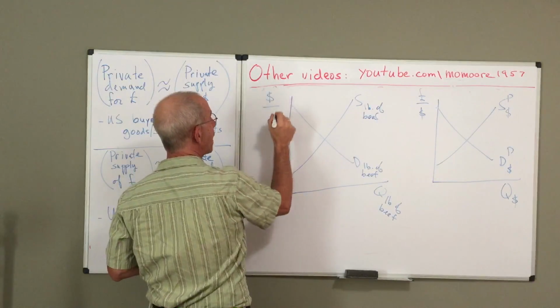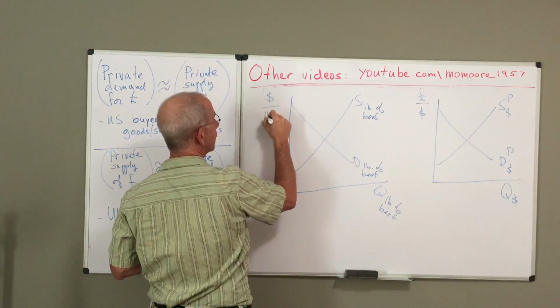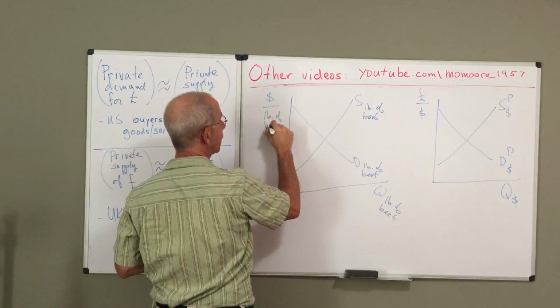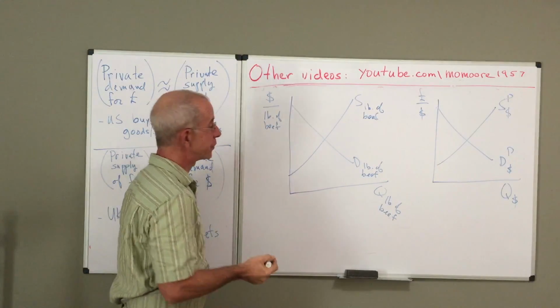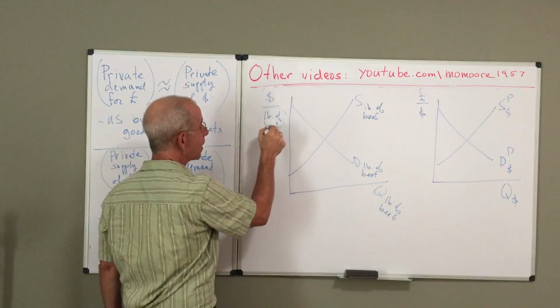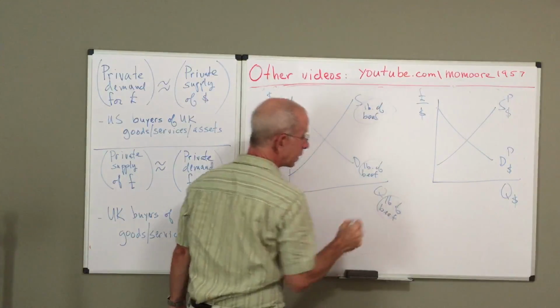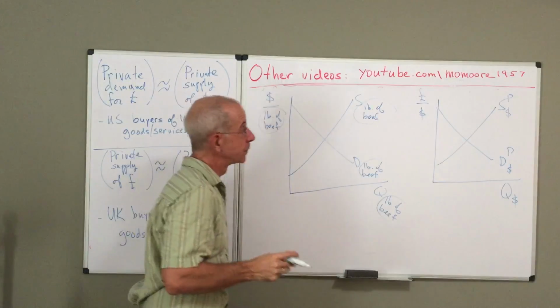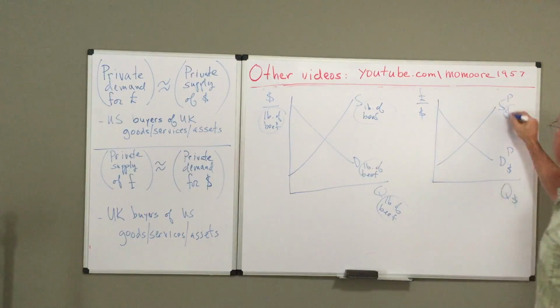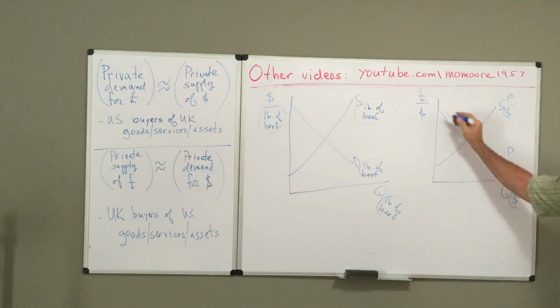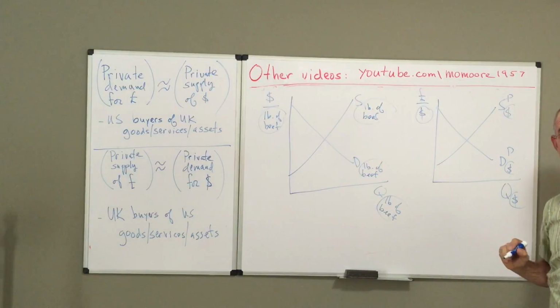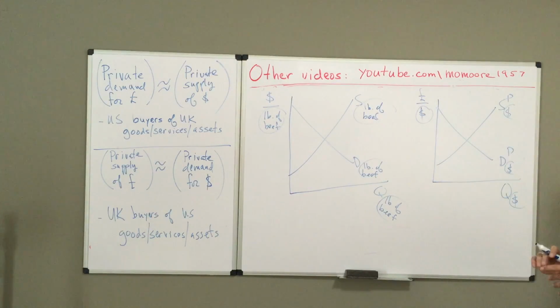That's going to be how many dollars it takes per pound of beef. And what you see here is that the thing in the denominator here is what's on this graph and over here. The same way here, if we've got a supply of dollars, it's going to be in the denominator here. Okay, so keep this in mind as we go forward, because it's going to be very important not to have the wrong exchange rate listed on the axis when we're manipulating these curves.